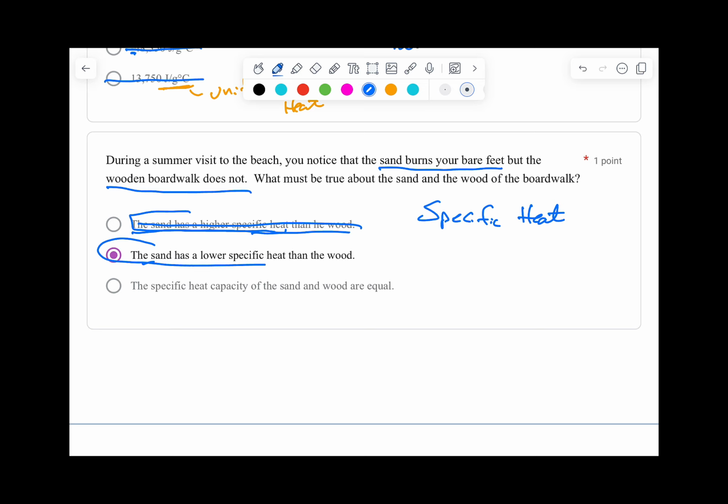This is your correct answer, because if the sand is burning us but the wood isn't, that means the wood is much harder to heat up and requires a lot more energy. So the sand has a lower specific heat. And the last one says the specific heat capacity of the sand and the wood are equal. That's not true, because if that were the case, our feet would be experiencing the same thing on both of those surfaces.